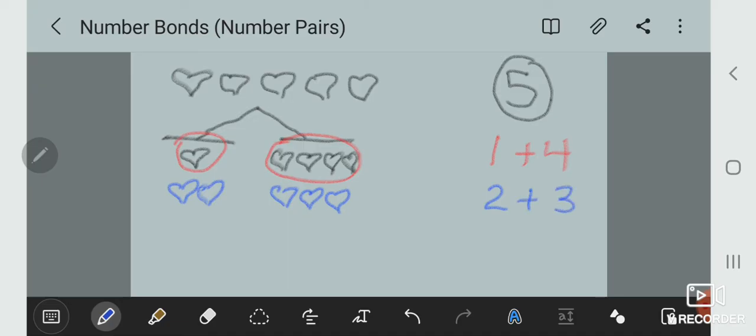So when you separate those 5 counters into groups, your child will realize that we can make smaller groups out of the number that we have there. So in making the smaller groups, we just need to record or look at those numbers that make up that group, right?